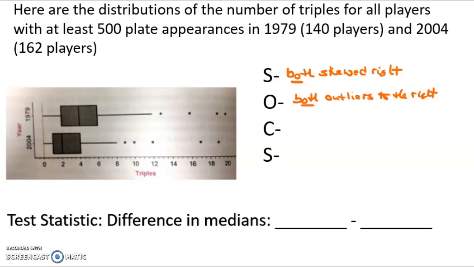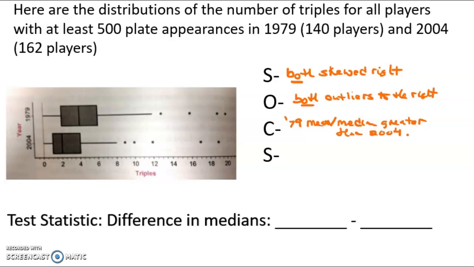Apologize for the announcements. For the center, since I'm again comparing these two things, this is your median right here, and this is your median right here, if you're going by your quartiles. So I can definitely say that the 79 mean and median, because they're going to be close, will be greater than the 2004 group.